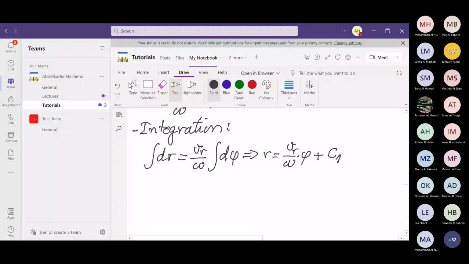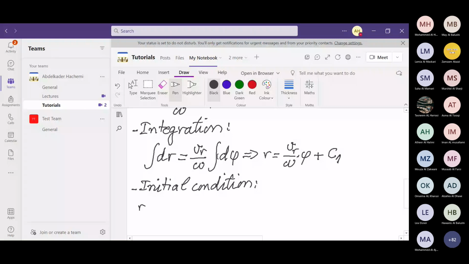We have from initial condition, R is given in the exercise by phi equal to 0 is equal to 0.